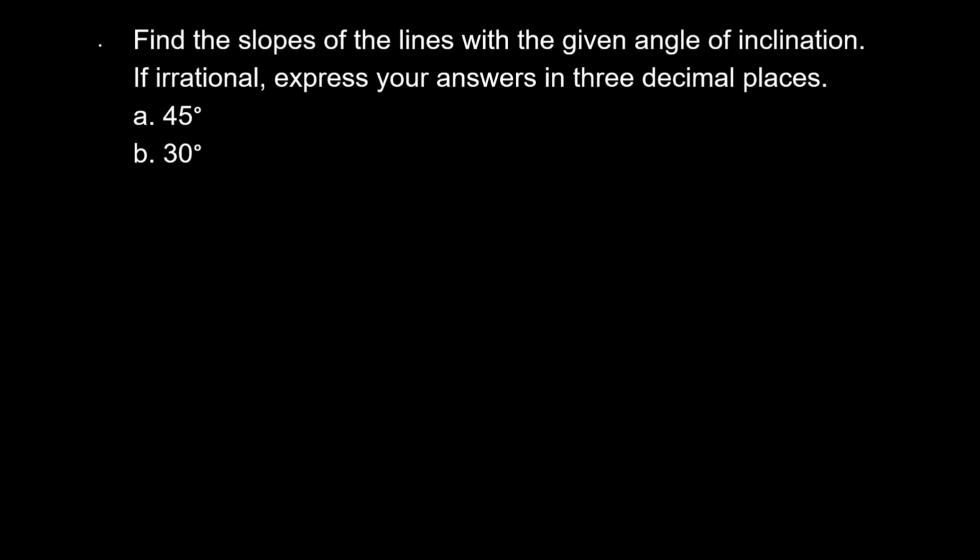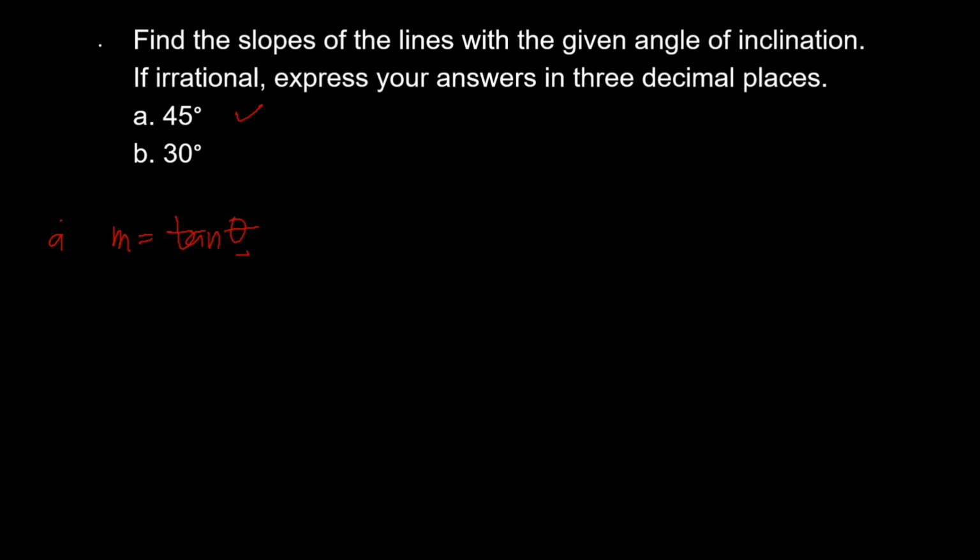So, 3 decimal places yung gagamitin natin for the final answer kapag irrational yung sagot. If inclination of a line ang given to get the slope, gagamitin lang natin yung m is equal to tan theta. So, itong theta is the angle of inclination.